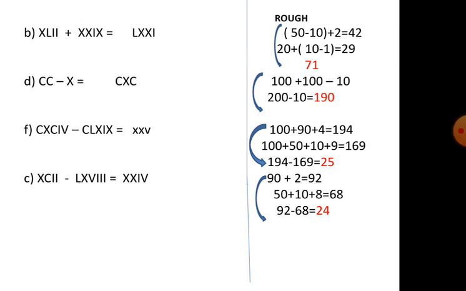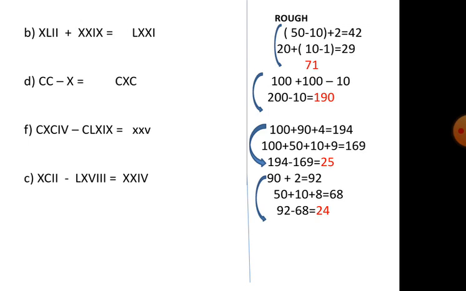So 100 plus 100 minus 10 means 90. So 100 plus 90 plus 4. This is 194. And second is CLXIX. So C means 100, L means 50, X means 10 and that is 9. So the total is 169. So when we subtract, 194 minus 169, we will get the answer as 25.